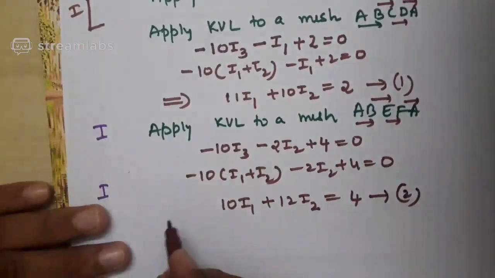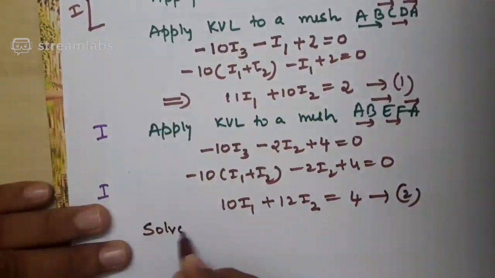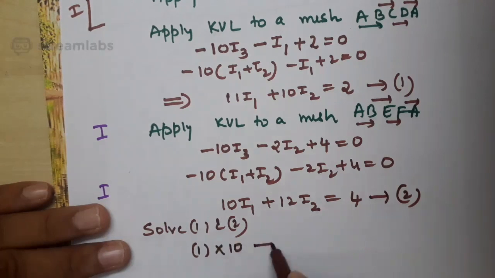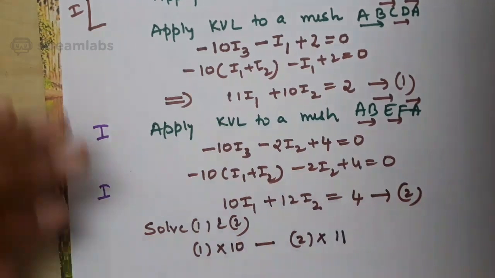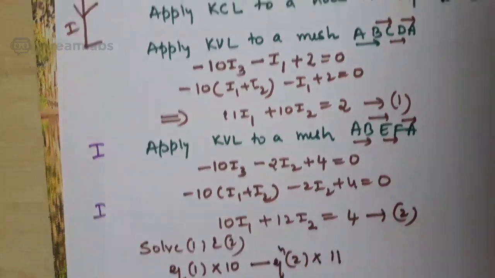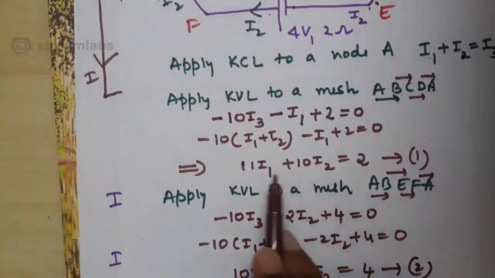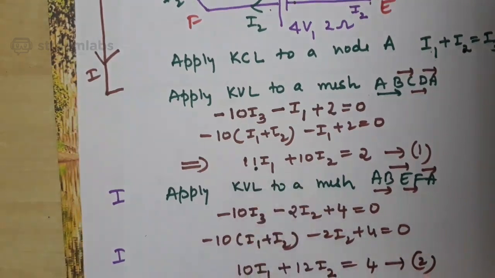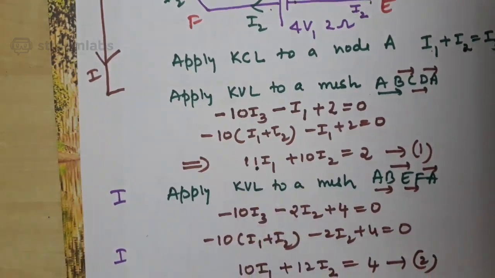Now you have to solve equation 1 and 2. What I have to do is, equation 1 multiplied by 10, and equation 2 multiplied by 11. When I multiply equation 1 by 10, this will become 110I1, correct?